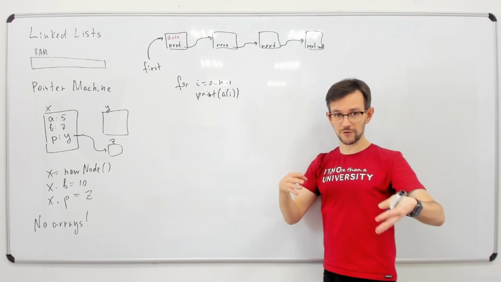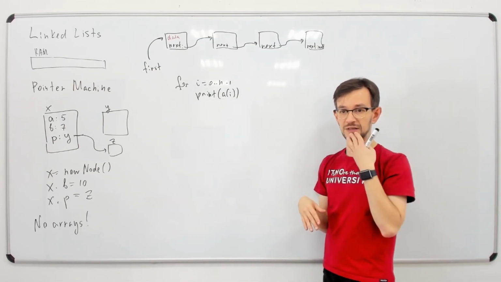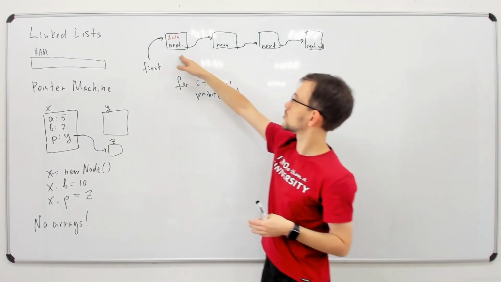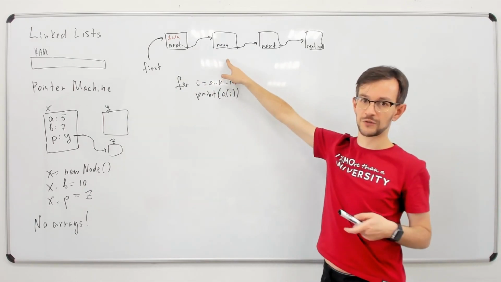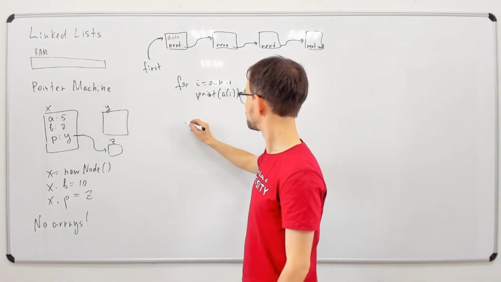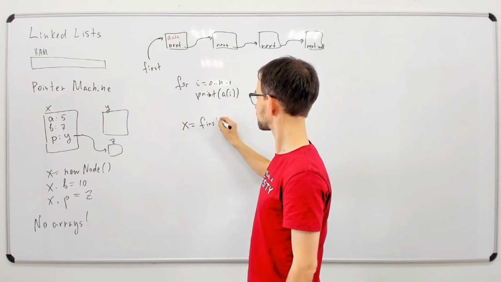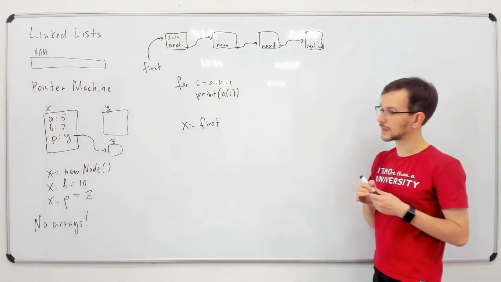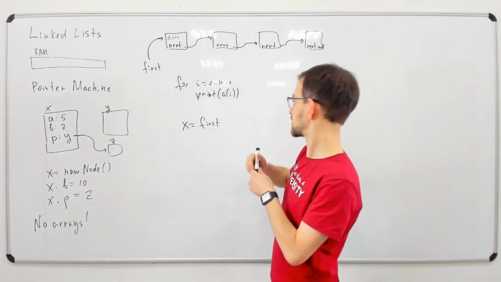Here we don't have the array. We have this linked list. So how to iterate over all elements of the linked list? We just go from the first element, and on each step of this cycle, we go to the next element of the list. So let's say we have current element x equal to first. And now we just jump to the next element of the list.